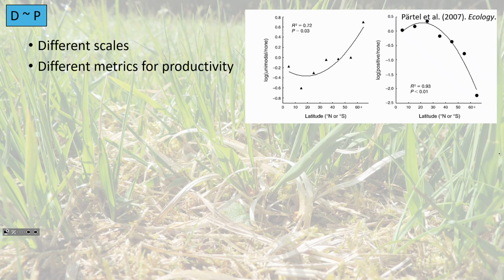So he's showing that there are less unimodal relationships in the tropics and more unimodal in the temperate zone, and vice versa for positive. So more positive in the tropics, and we can simply link it with the different productivity estimates used. Here it's biomass, here it's NDVI, precipitation and so on. Here it's biomass.